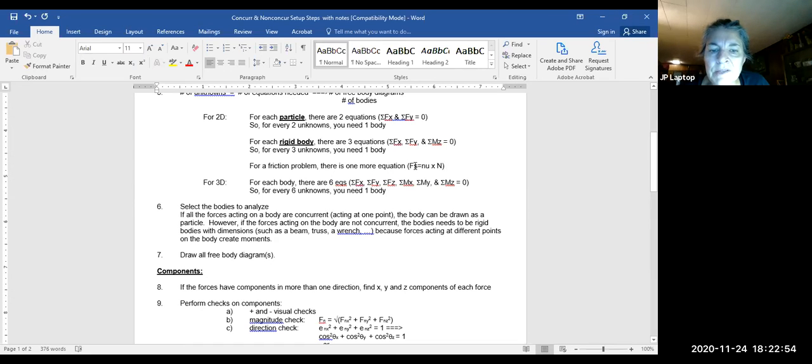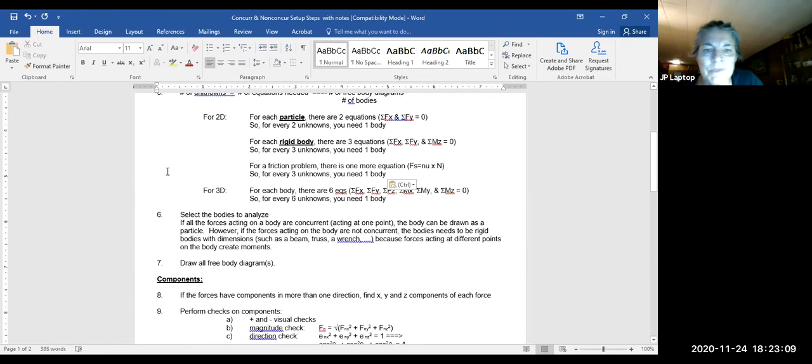I'll put S as a subscript and add the correct symbol later rather than doing it now. So you have 1 more equation. We've never really seen particles with friction problems, so for every 4 unknowns, you only need 1 body. Everybody good with that? Thumbs up?